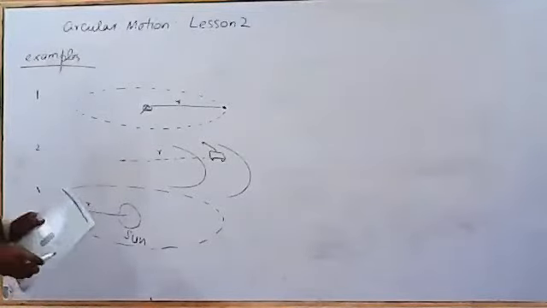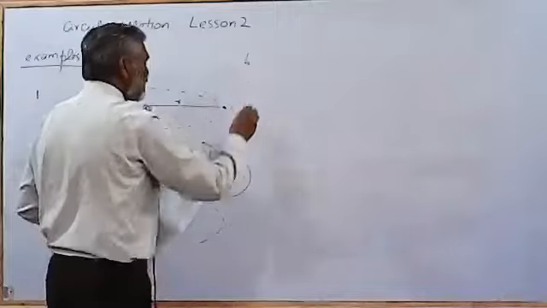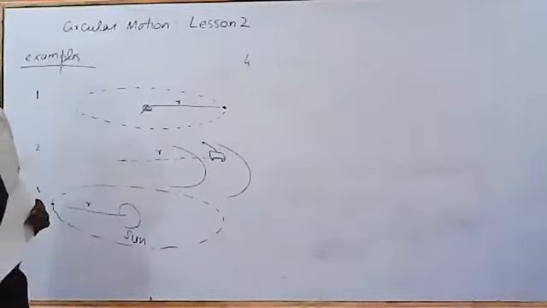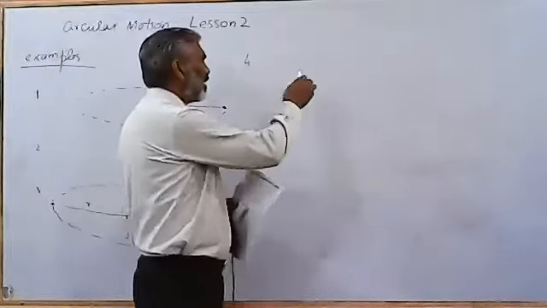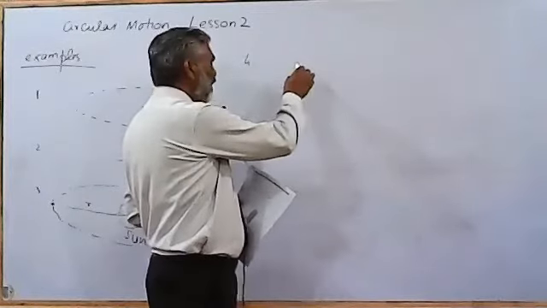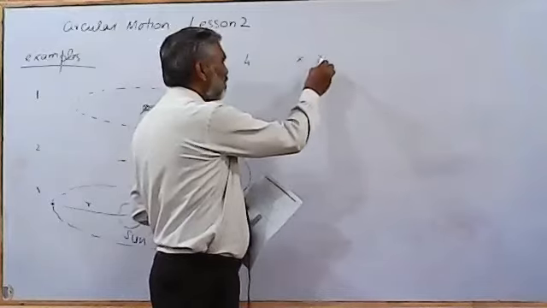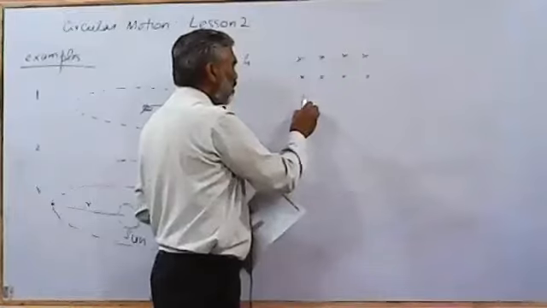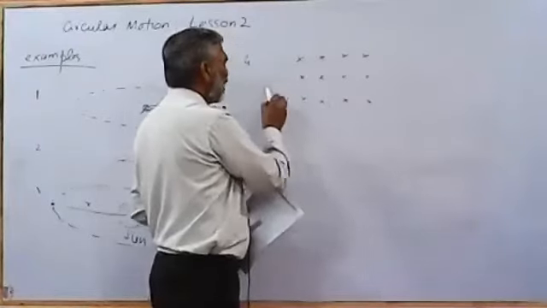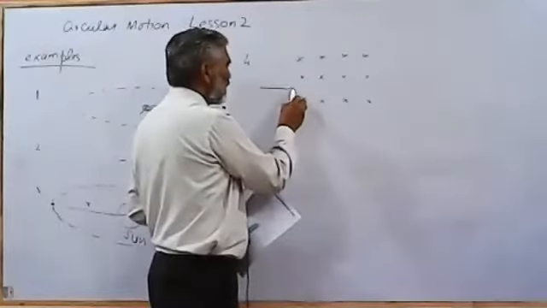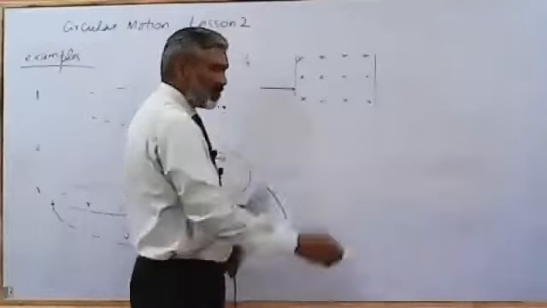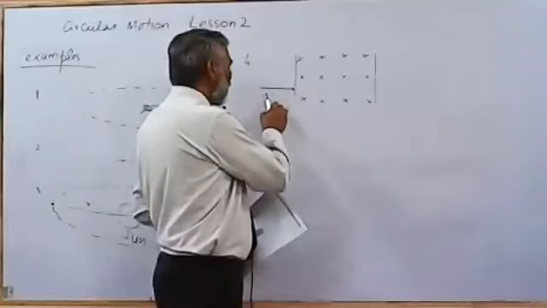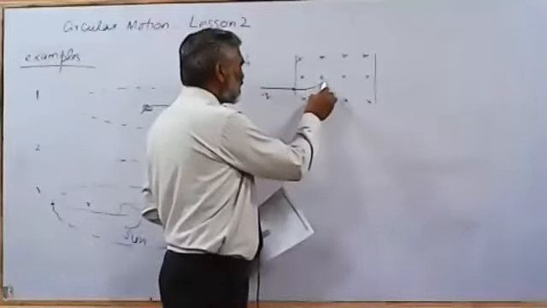Another interesting example of circular motion is that of a charged particle moving in a uniform magnetic field. You have already learned in your O-level classes that if we apply a magnetic field into the page, into the plane of this board, for example, and a charged particle enters into this region in which the magnetic field has been applied, this charged particle, if it is a positive charged particle, will follow a path like this.